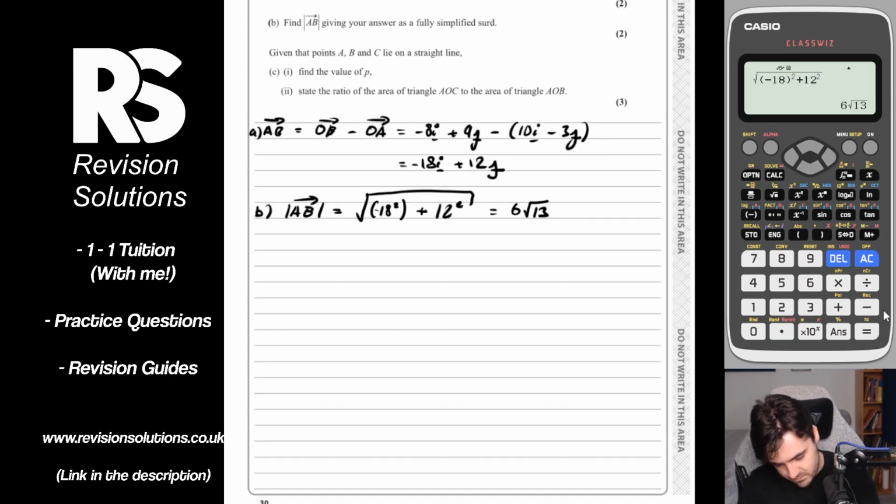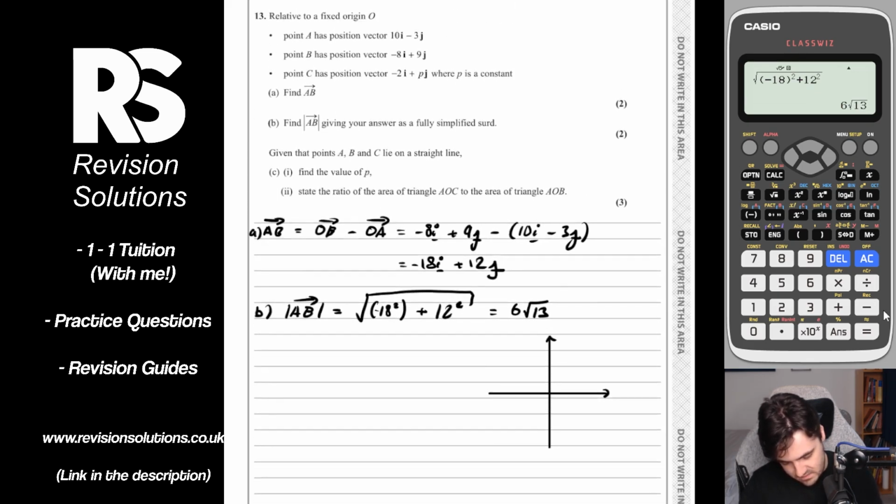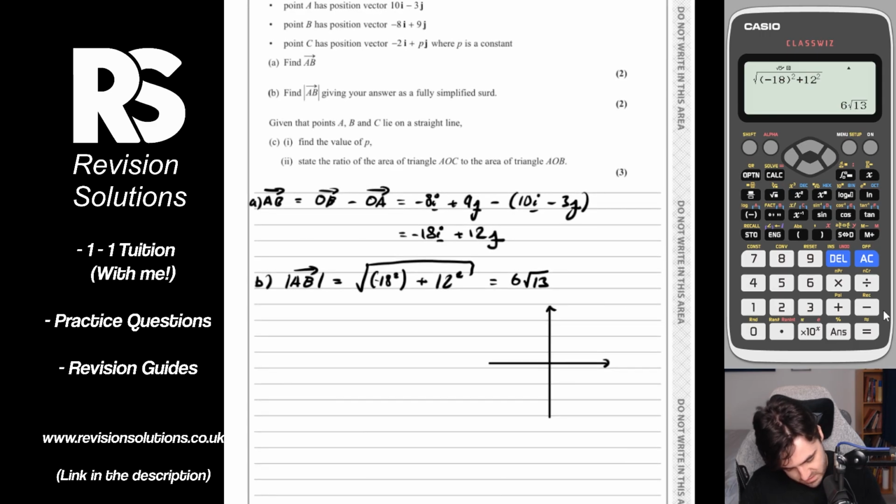So let's draw some axes. So let's say 10i minus 3j, that lives somewhere down here. So that's point A at 10, minus 3.